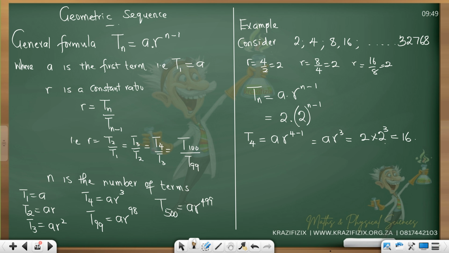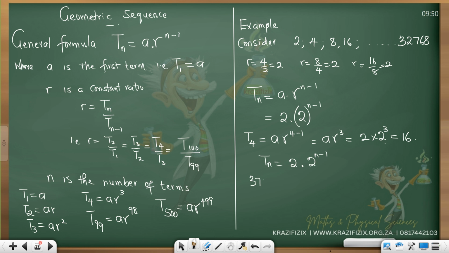Now, if I were to ask you how many terms are in this sequence, we do exactly the same story of what we were doing under arithmetic. I now know my formula. Tn is 2 multiplied by 2 to the power n minus 1.